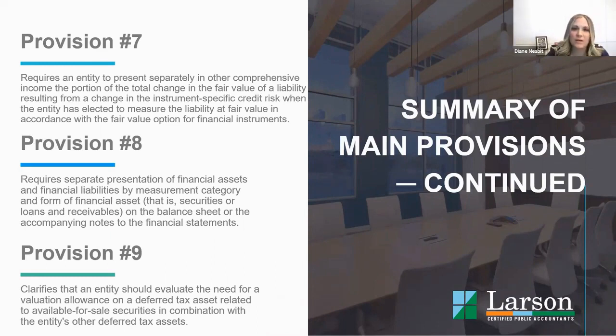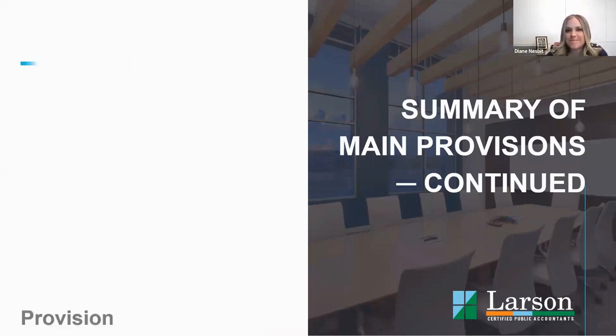We know that when we are marking an asset to fair value on the books for GAAP purposes, that is going to generate a book tax difference that then needs to be accounted for through a deferred tax asset or liability. So just remember that for those available for sale securities, the valuation allowance on a deferred tax asset does need to be looked at and evaluated separately.